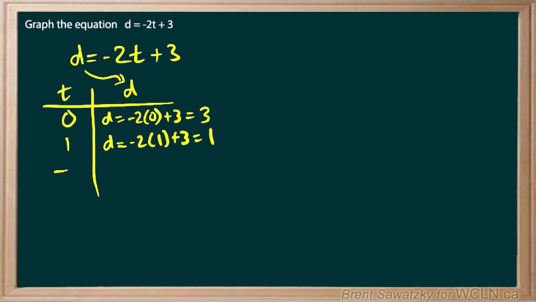Try a negative again, negative 1, and if we plug that in, negative 2 times negative 1, plus 3. Now remember that a negative times a negative is a positive, so negative 2 times negative 1 is plus 2, and plus 2 plus 3 is 5.